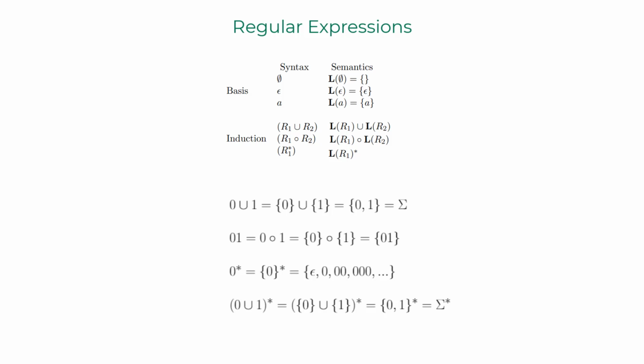And finally, I'd like to highlight the usage of parentheses in regular expressions. So here we're trying to evaluate 0 union 1 first and then apply the star operator. And that would result in (0 union 1) whole star, which is basically sigma star. When there are no parentheses in your regular expression, the operator precedence kicks in.